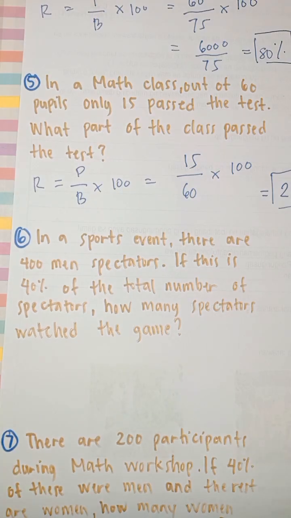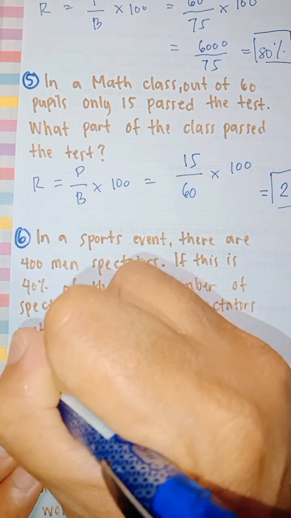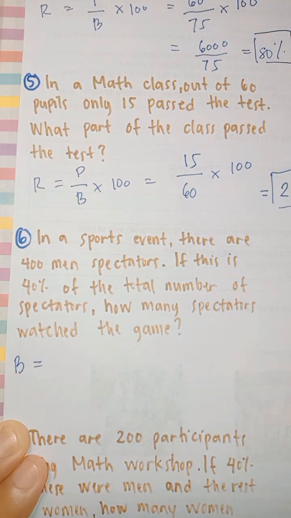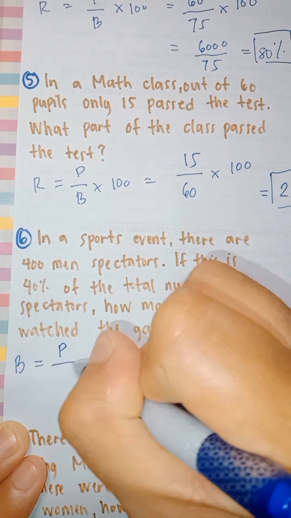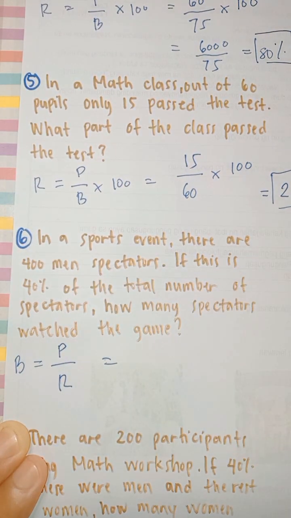Okay, let's proceed to question number 6. In a sports event, there are 400 men spectators. If this is 40% of the total number of spectators, how many spectators watch the game? This is a type of question that asks for the base, so this is a base problem. The formula for base is percentage over rate. Now 400 men spectators is equivalent to 40% of the total spectators.